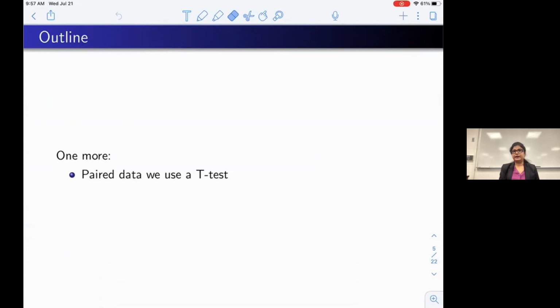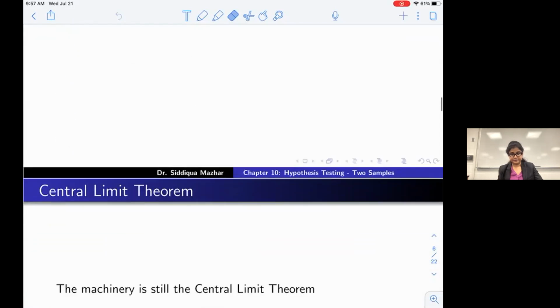We will be using the paired data t-test when we have information for only one group, but we are doing some experiment on it and we have two sets of data for the same group. We will be discussing where we use the paired data t-test as we go on.